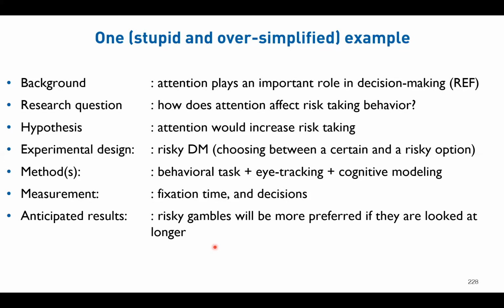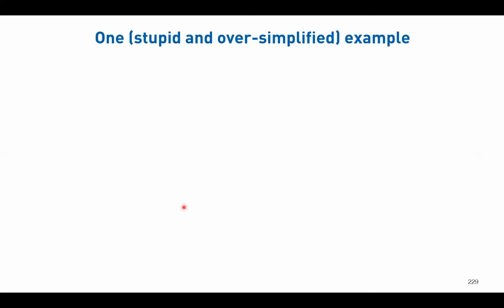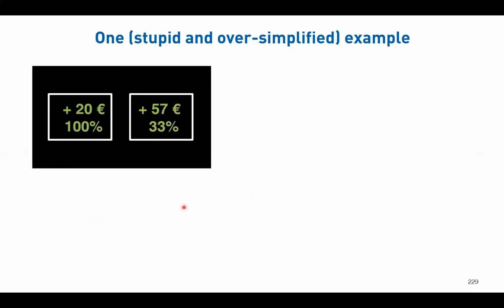Okay, good. Besides the text you write down, you might also have to prepare some figures, especially when you are introducing the experimental task, the paradigm. Because I'm interested in risky decision making, I show them the risky gambles. This one is a safe option, 100% to get 20 euro, and this one is a risky option, 33% to get 57 euro.